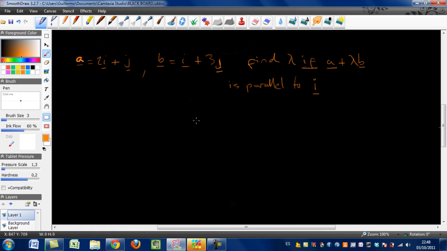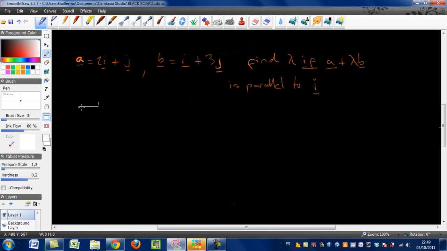Okay, so now we need to translate that into maths so that we can solve the problem. We solved already a couple of these in class, but just in case they didn't make too much sense, I wanted to go over it another time. So here we have one vector, which is going to be 2i plus j. I'm just going to draw it quickly.